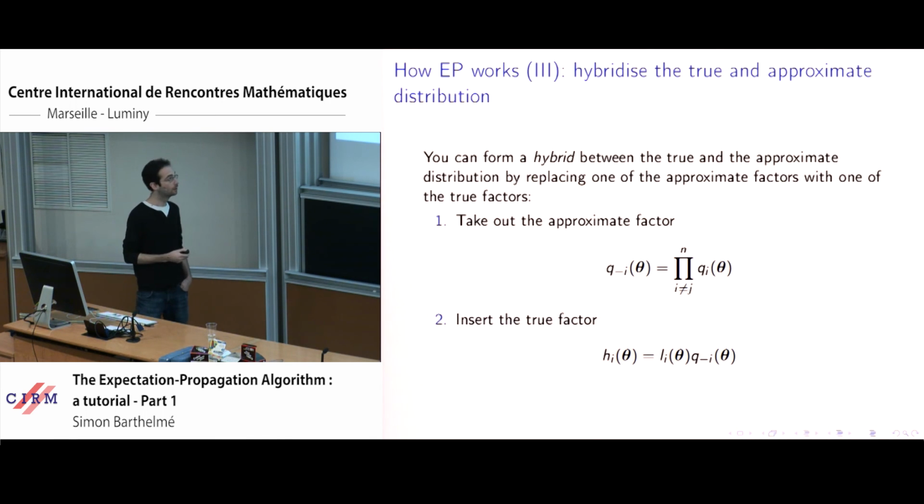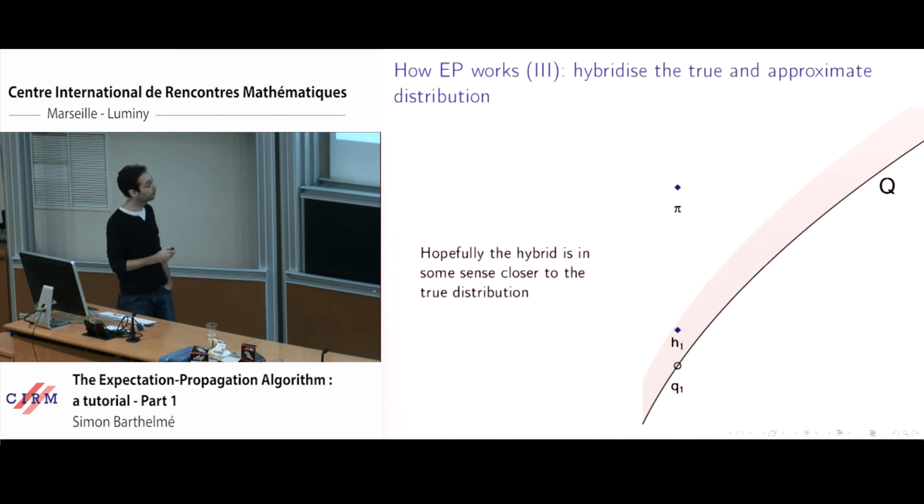The cavity times the true site is called a hybrid, because it involves bits from the two different distributions. So you take out the approximate factor, you insert the true factor, you get the hybrid. And so hopefully, we have a hybrid that's closer to the true distribution than our current approximation.